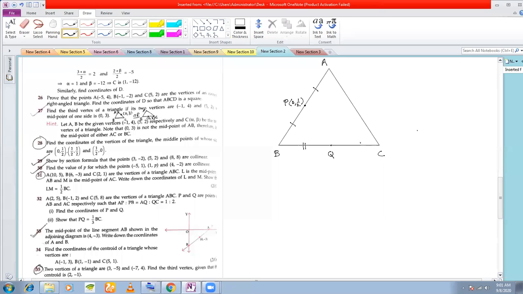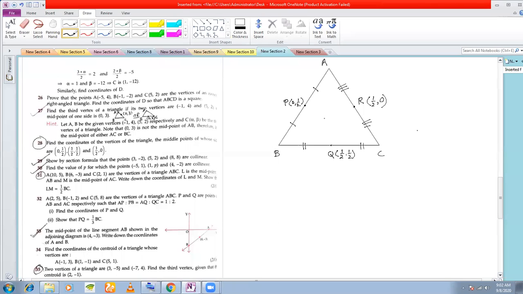The coordinates of Q are given to be (1/2, 1/2), and R, the midpoint of AC. The coordinates of this are given to you as (1/2, 0). You can take them in any order you want. You can take R as P also, no problem. It doesn't matter in what order you take.